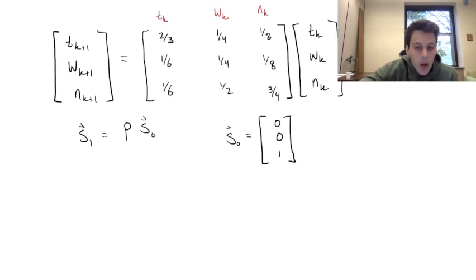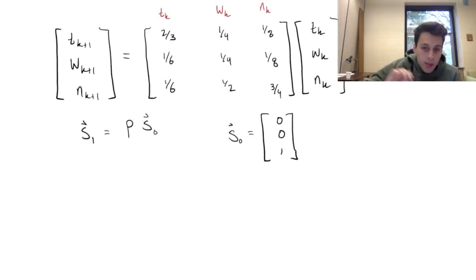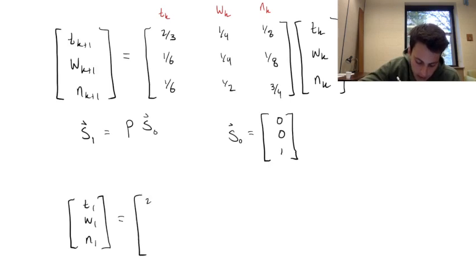So all we need to do now is multiply this matrix vector product out. So this will give us T1, W1, N1. So we've got our matrix, 2/3, 1/6, 1/6, 1/4, 1/4, 1/2, 1/8, 1/8, 3/4.